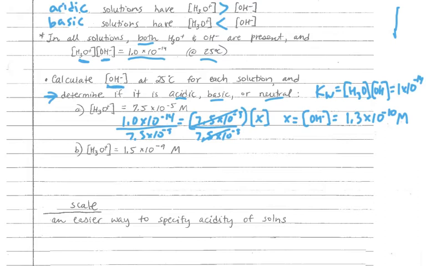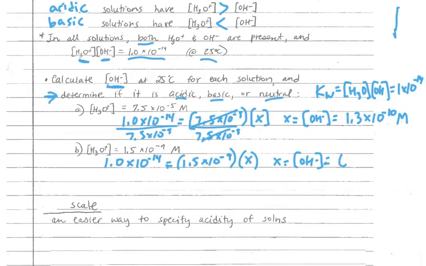All right, for this one, same setup. You may want to pause the video and try it yourself and then check your answer. Kw equals 1.5 times 10 to the negative 9 times X. So divide both sides by 1.5 times 10 to the negative 9 to solve for X. I'm not going to walk through the algebra, but if you have questions, just text me.